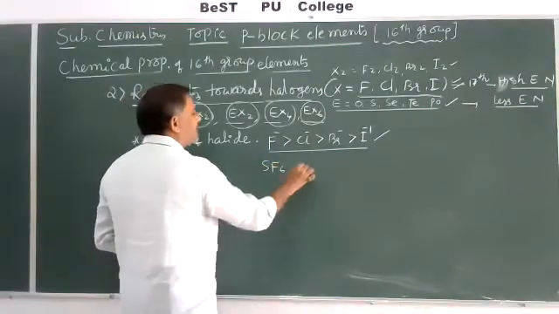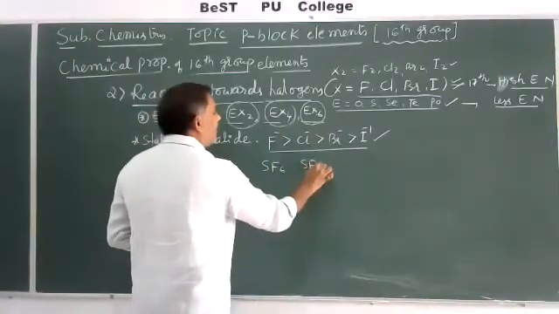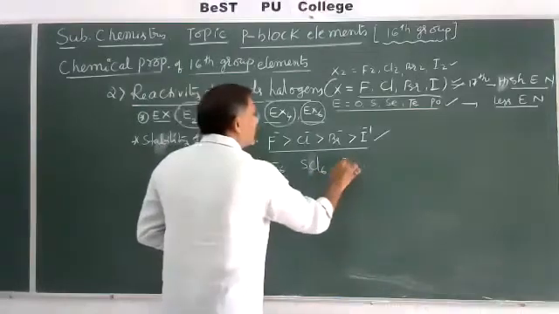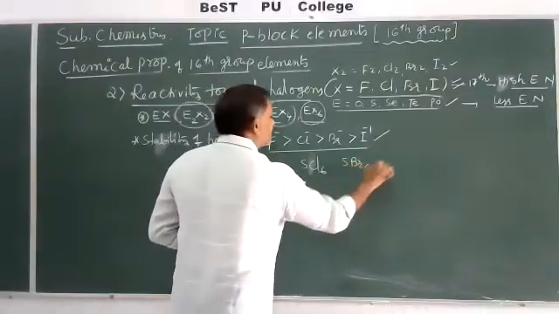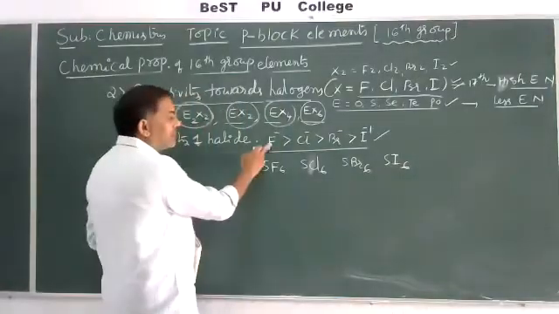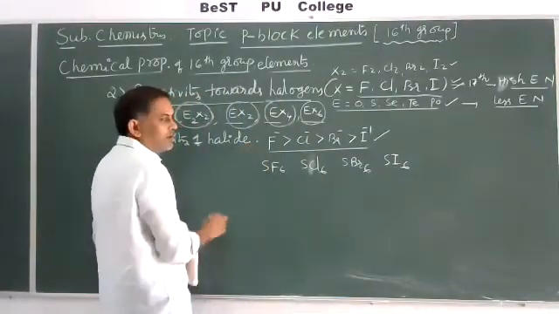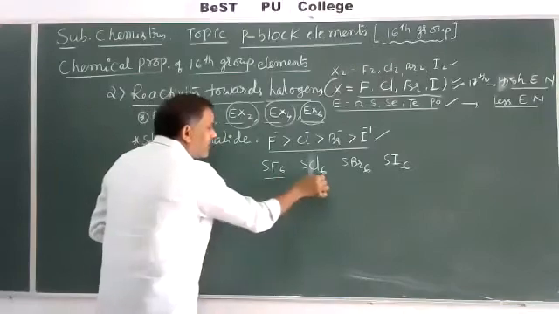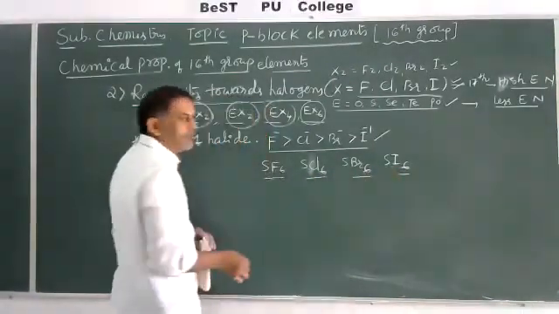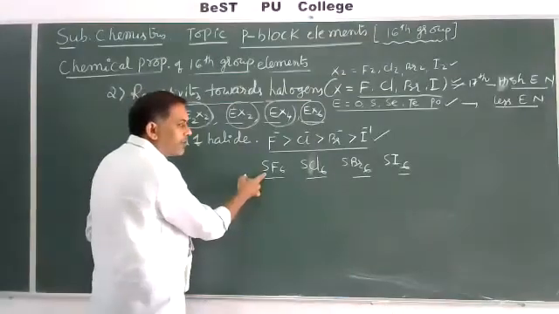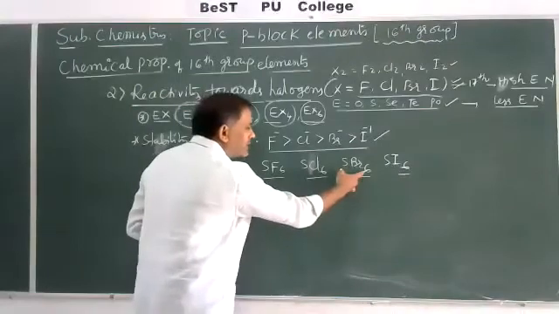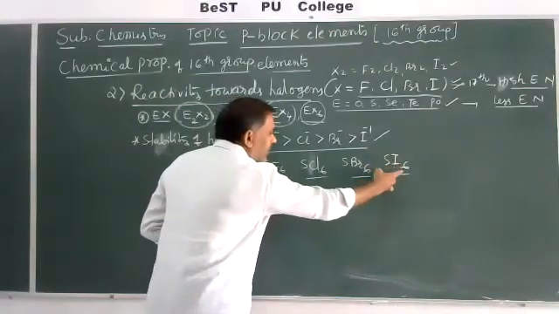SF6 is there, SCl6 is there, SBr6 is there, SI6 is there. This is the stability order: fluoride, chloride, bromide, iodide. Sulfur hexafluoride, sulfur hexachloride, sulfur hexabromide, sulfur hexaiodide.